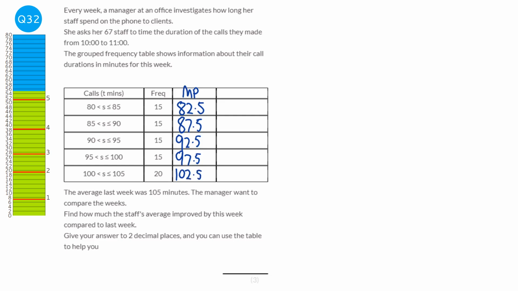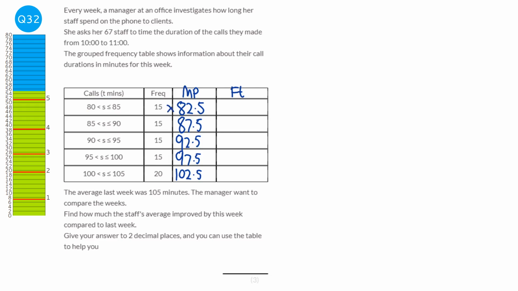Next we need to find the FT, which is just the frequency times the duration of calls. Now in this first group we're not timesing it by 80 to 85 or anything like that, we're timesing it by the midpoint. So our midpoint effectively becomes the t.